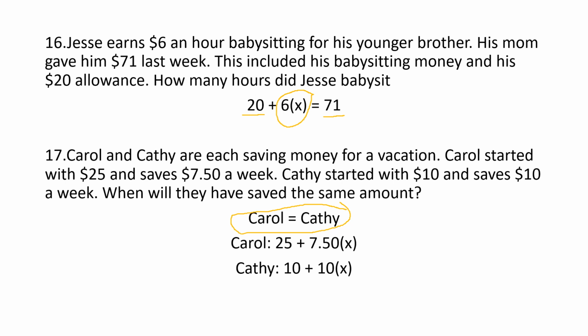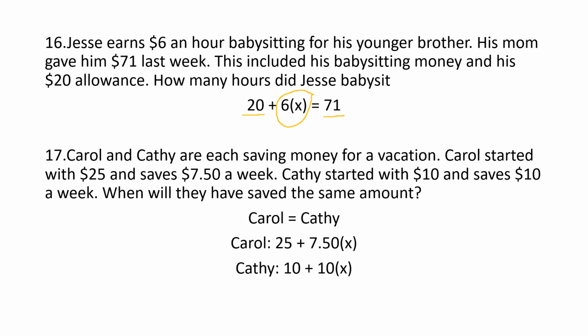Here's what I know. Carol saves, she starts with $25. So there's my Carol with $25. Then she saves $7.50 a week, but we don't know how many weeks she's going to save. So we're going to call that x. So $25 plus $7.50 times x, x being the number of weeks she works.